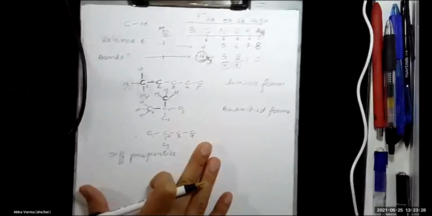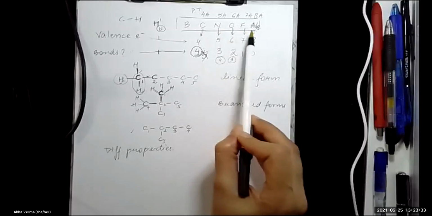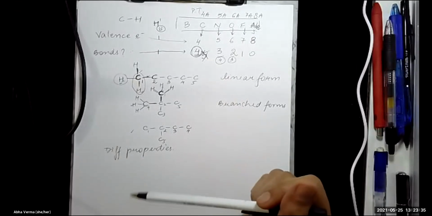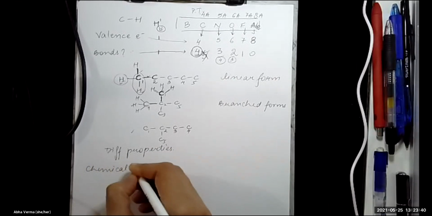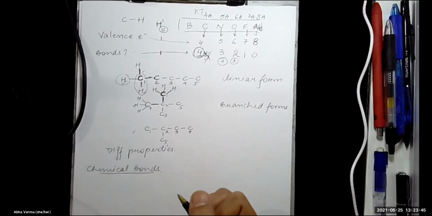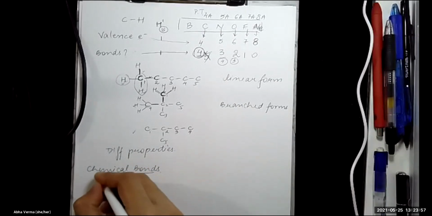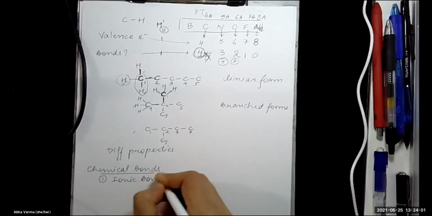Now, the next thing that these carbon atoms bonding to other elements give rise to are known as chemical bonds. Chemical bonds are nothing but atoms combining their valence shells so that they can get a noble gas configuration. Chemical bonds can be of a variety of kinds.